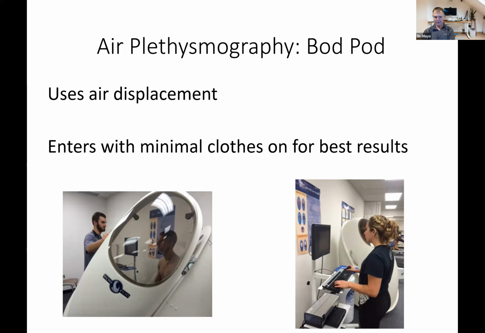You basically have this egg-shaped device, and you know how much air is in there when the door is closed. The person has to wear minimal clothes. Sometimes they'll even put a swim cap on them to hold the hair down. They get into this egg, close the door, and it determines body fat based on how much air you've displaced.